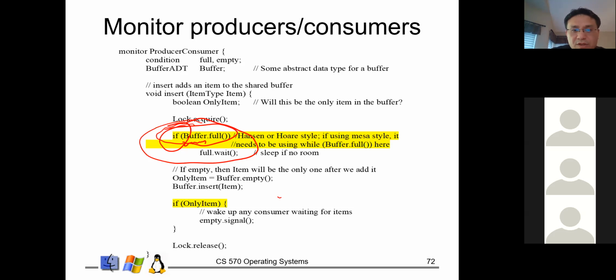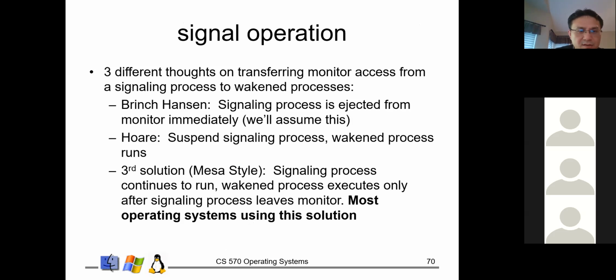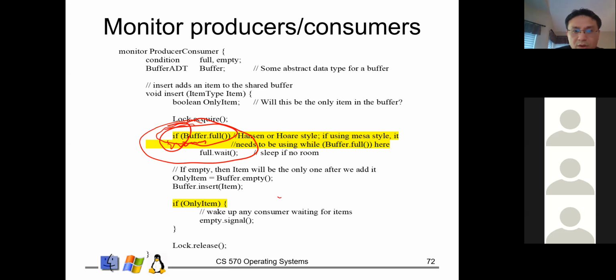If we use either Hansen or Hoare style for the signaling process to exit, we can use if here. But if we use the message style, which I just talked about, which most modern operating systems use, we would need to change this check here using while.